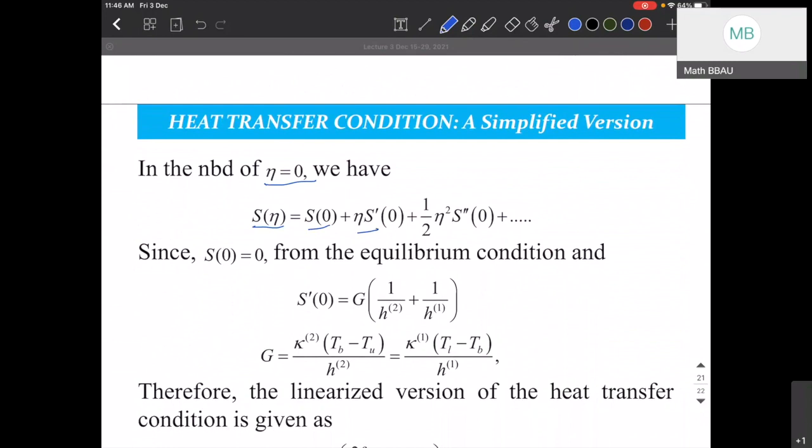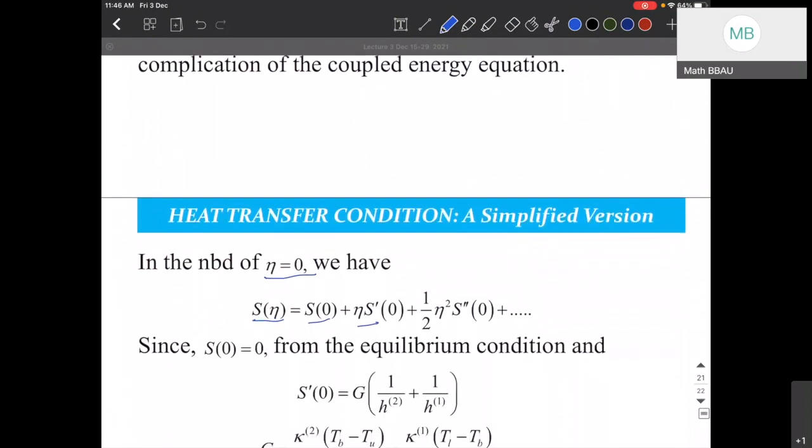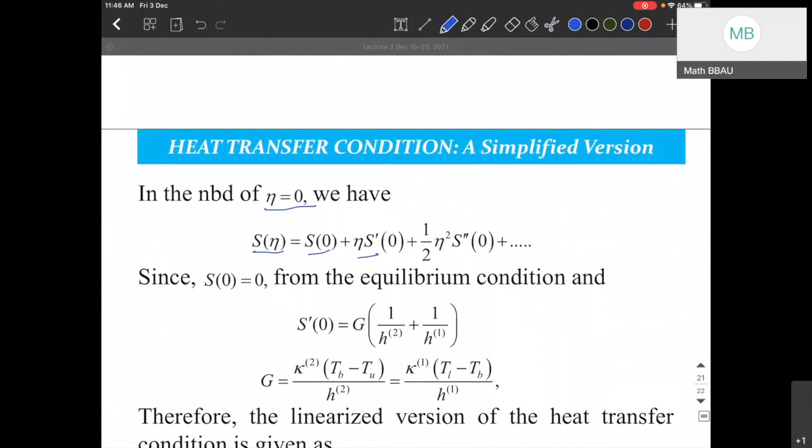At the equilibrium state, when there is no heat transfer, the net heat flux must be 0, meaning kappa_2 del T_2 by del n must be equal to kappa_1 del T_1 by del n, so that S_0 equals 0, and we calculate S dash 0.